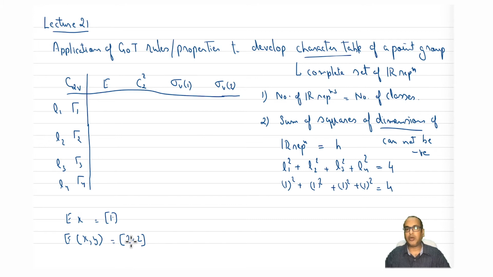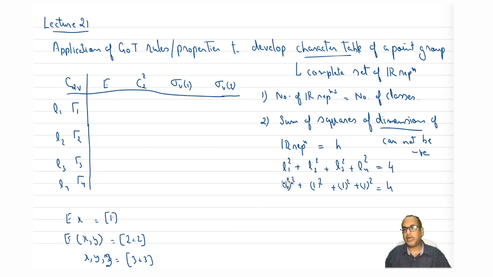If I get a 2 cross 2 matrix, the trace is 2 and that is the dimension. If I have a basis set of X, Y, Z, that is 3 basis functions, I will get a 3 cross 3 identity matrix for which the trace will be equal to 3 and the dimension will also be 3. So that means the trace under the operation E represents the dimension.